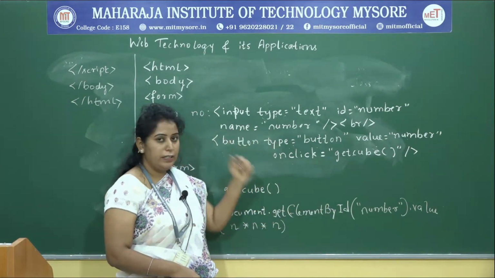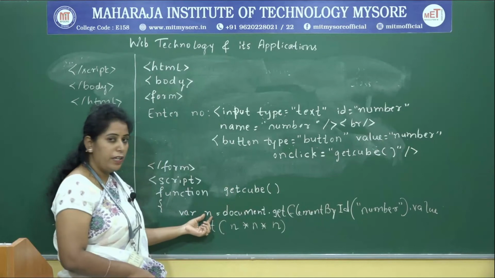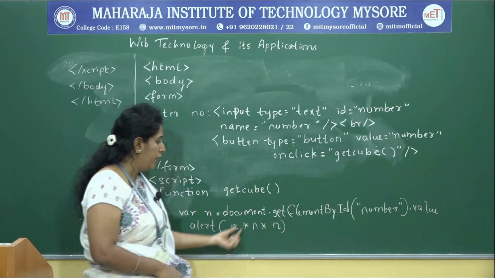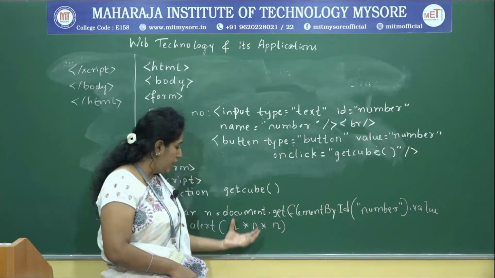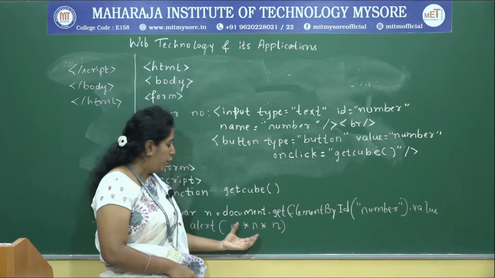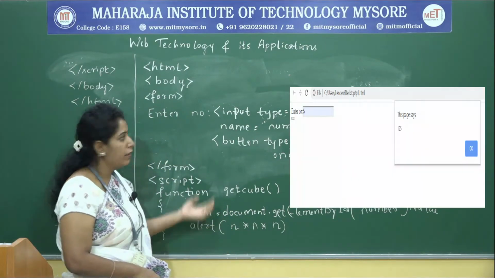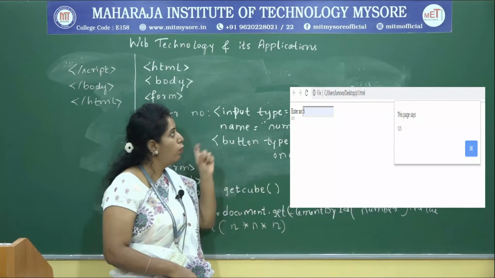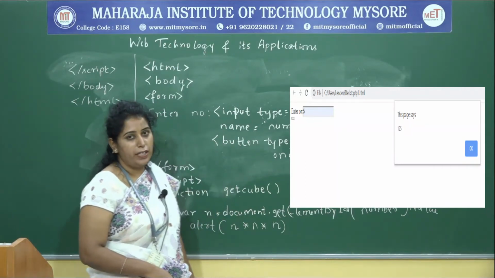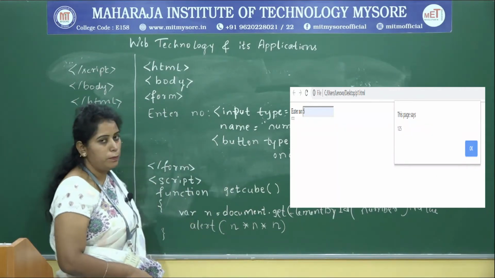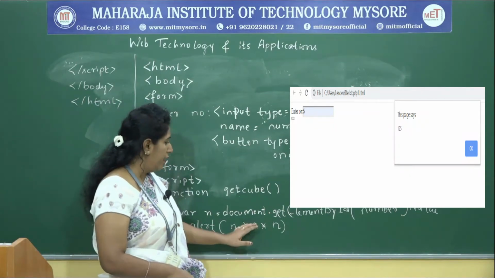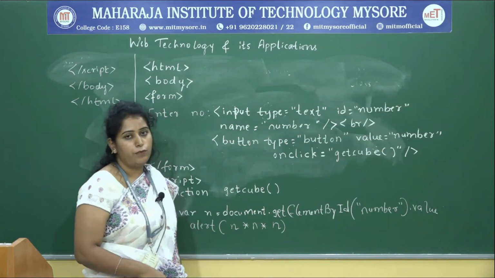The value I have entered is 5, so it is stored in the variable n, and 5 into 5 into 5 is computed, and through alert you can notice the output we get. This is one simple program to illustrate getElementById through a function.